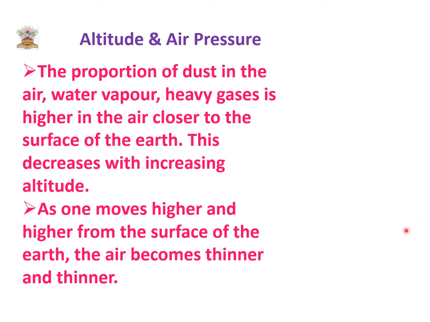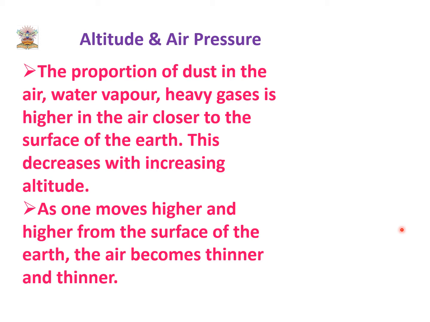Now, the altitude and the air pressure. Altitude means the height. As we said, when you're having the pyramid, on top the boy or the girl has less pressure, whereas the person who's down in the circle has more pressure.